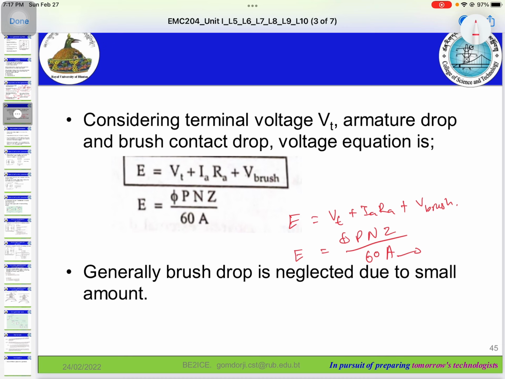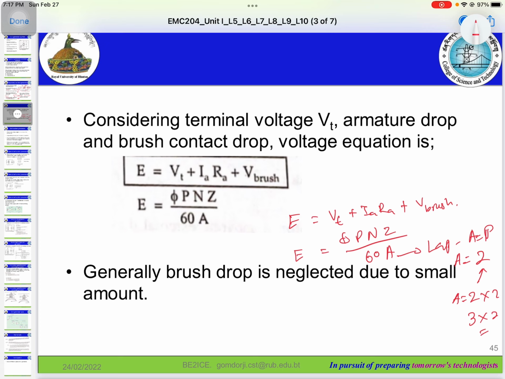If it is lap winding, A will be equal to P, the number of poles. If it's wave winding, A will be equal to 2. Not always: for simplex winding it's 2, and if it is duplex, then A will be 2 times 2. If it's triplex, then it should be 3 times 2, and it goes on.